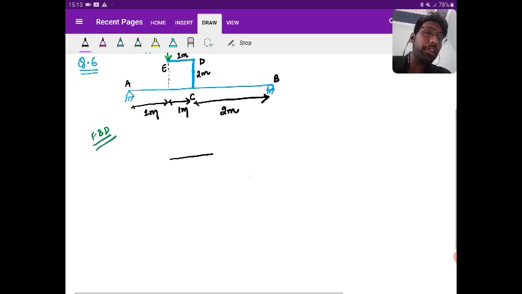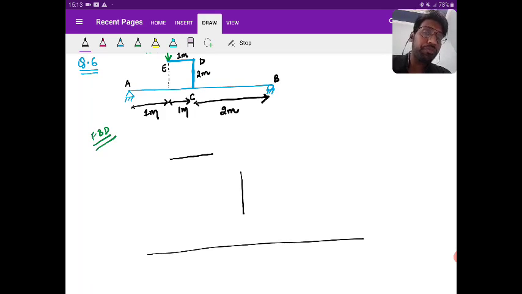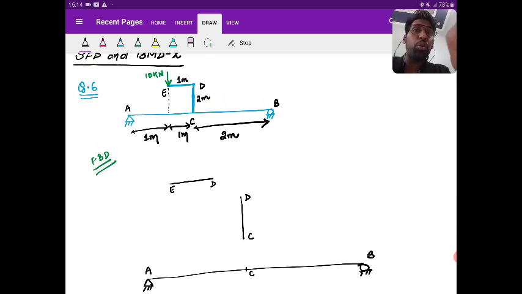Free body diagram. See here, given the names E, D, C, A, B, and the external load at E, that is 10 kilonewton.